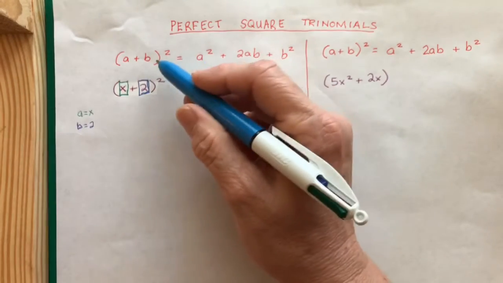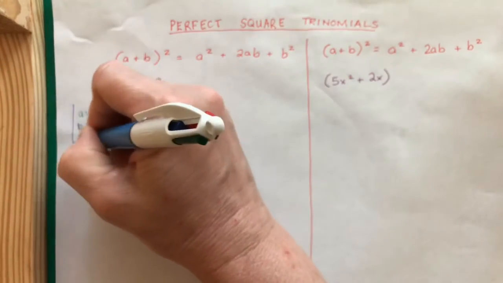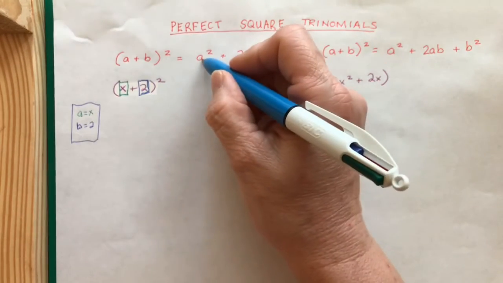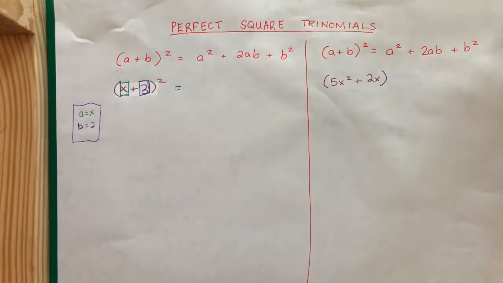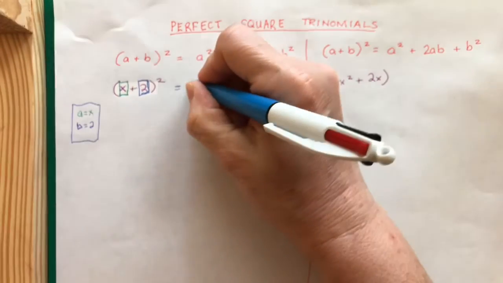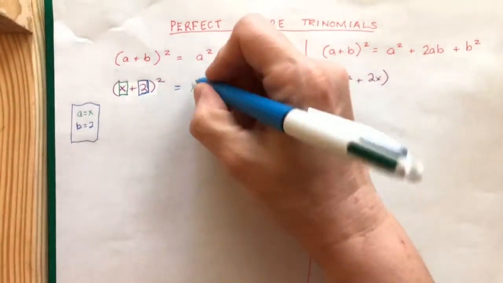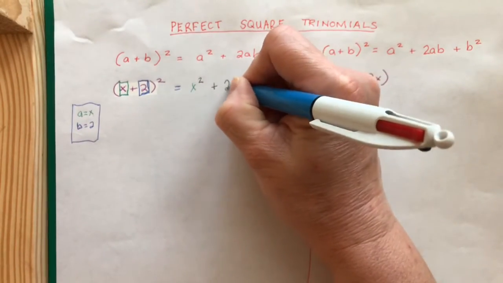So now when I substitute in here, everywhere that I have an a, I'm going to put an x. So right here I have a squared. So instead of a, what will I put? I'll put x. So this is x squared, plus 2.